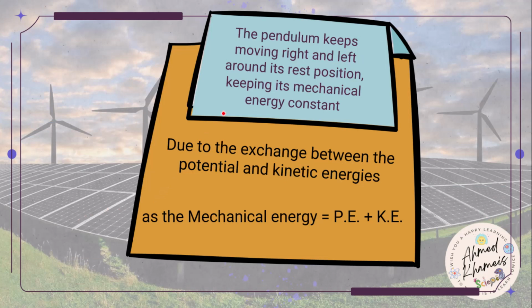So why does the pendulum keep moving right and left around its rest position, keeping the mechanical energy constant? That's due to the exchange between potential and kinetic energy, where the decrease in the potential energy equals the increase in the kinetic energy. And the mechanical energy equals potential energy plus kinetic energy.